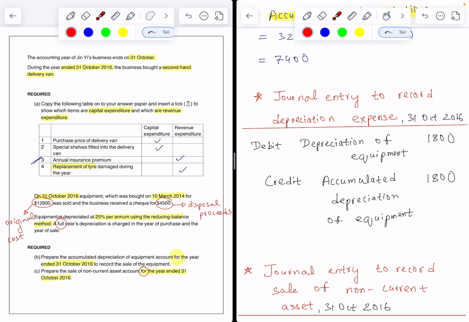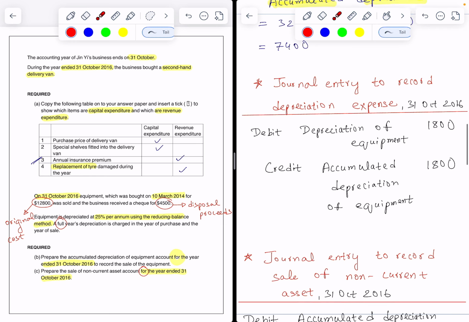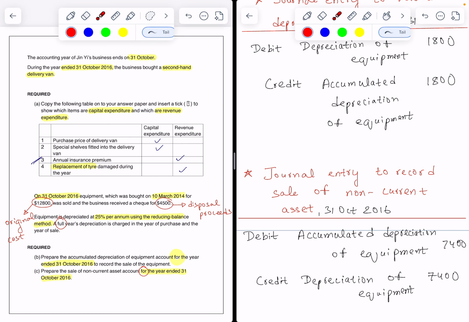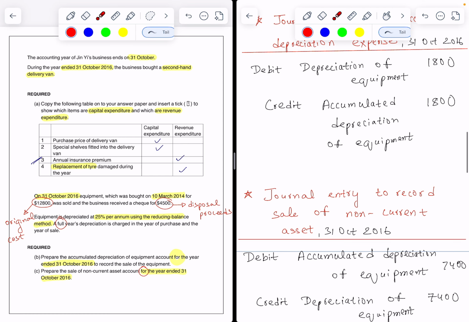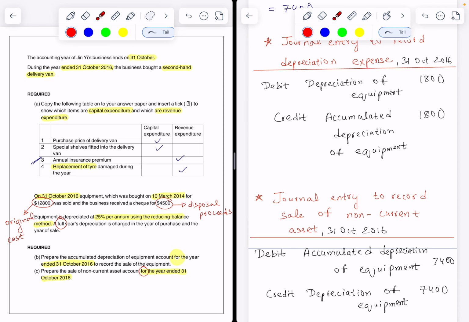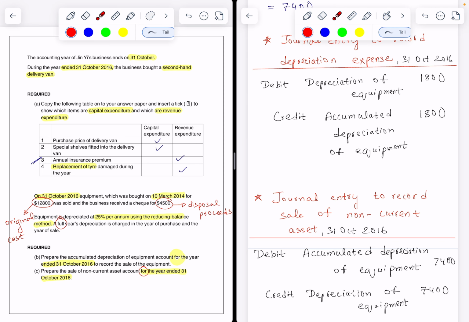Now, I also need you to understand one thing. We know that we have sold this non-current asset, right? The equipment that we are doing all these workings for. So what's the journal entry to record the sale of non-current asset at 31 October 2016 when it comes to the accumulated depreciation we have recorded so far for this asset?